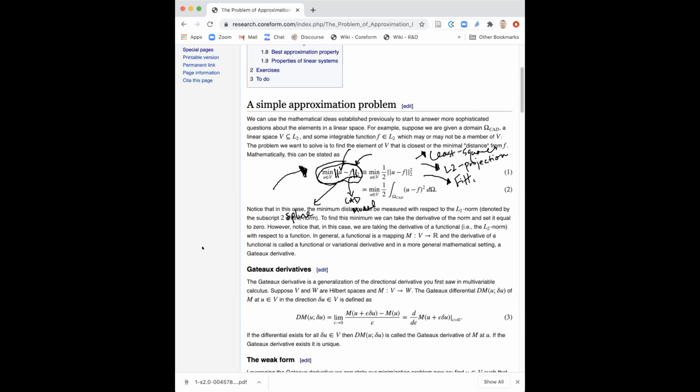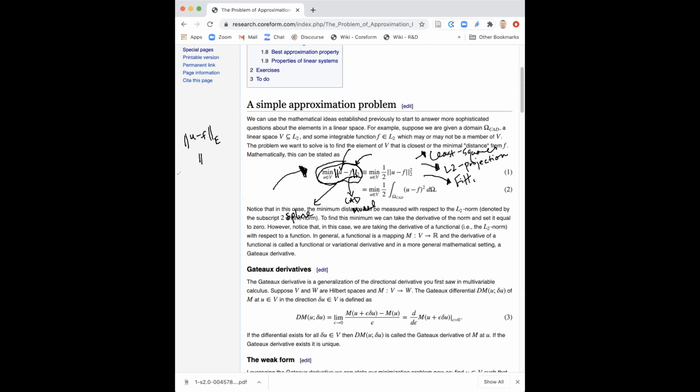If we have linear elasticity with appropriately selected boundary conditions, then what we're going to end up having is a norm. Let's call it the energy norm.